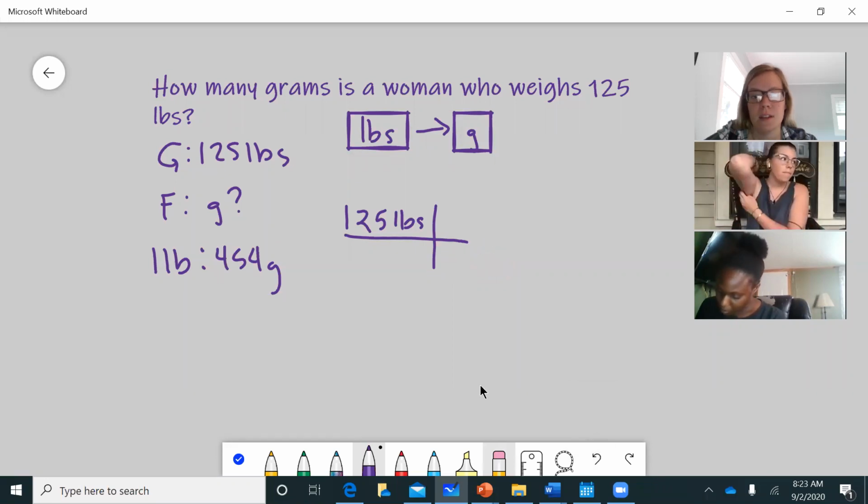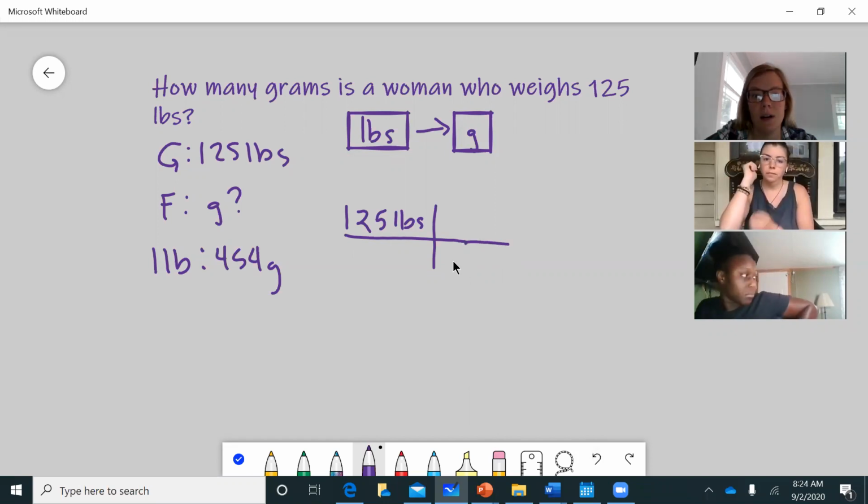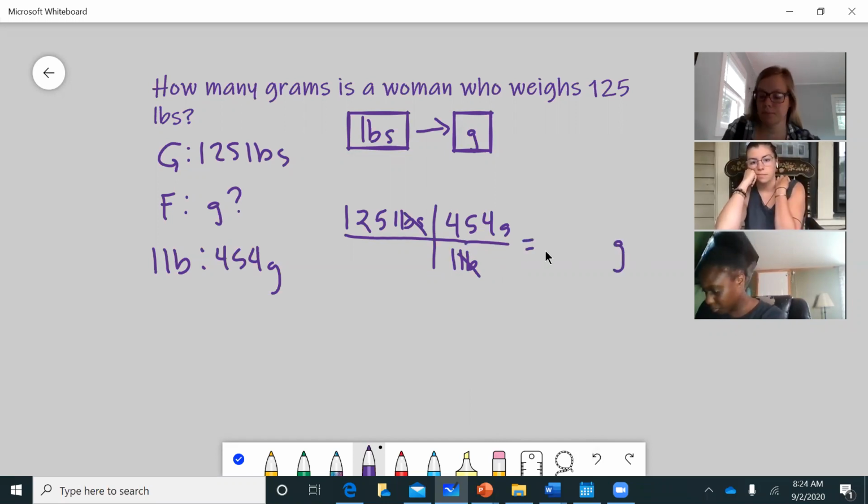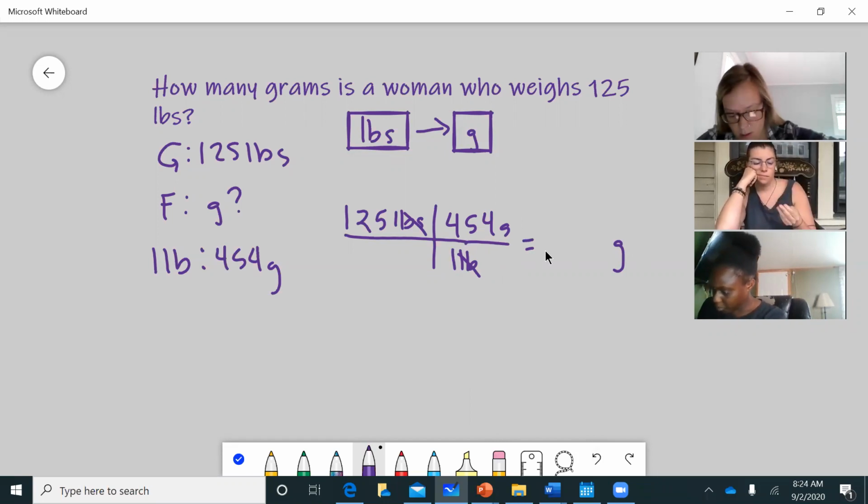So at the end of this all, what do we really want? We want 1 pound is equal to 454 grams. Cancels, we'll be left with unit of gram and a relatively large number.